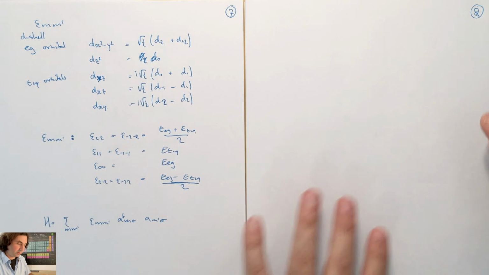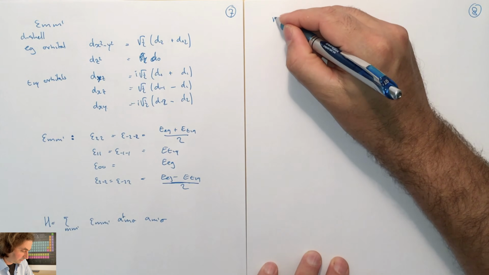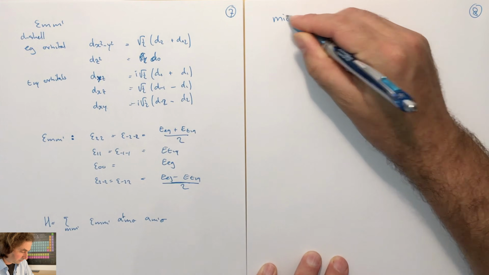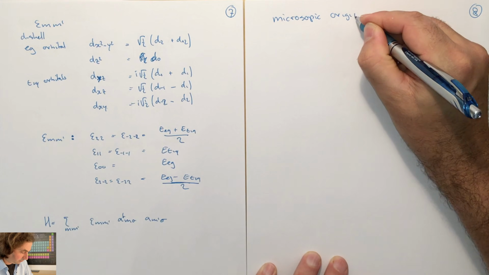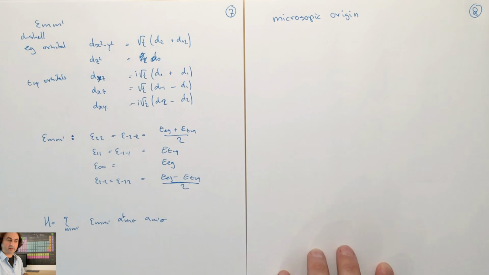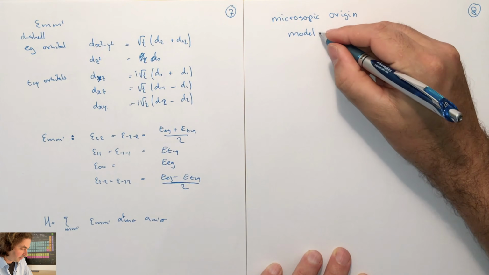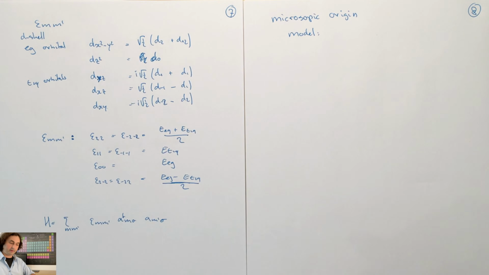Now let's get back to the microscopic origin of these interactions. And let's have a look at a model to get some feeling where these energies come from.